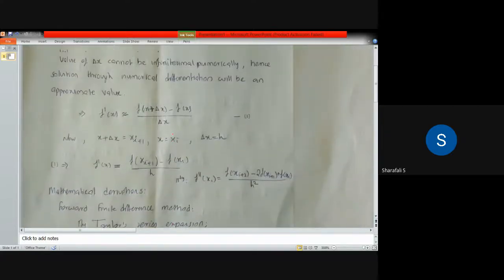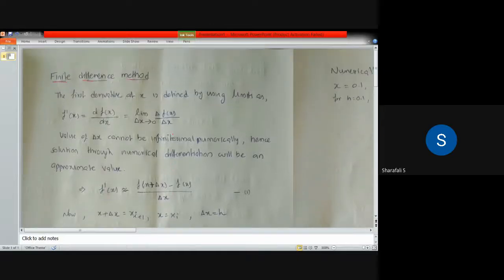So first we consider the first derivative at point x by using this finite difference method, which is defined by using this limit as f dash of x equal to df by dx, which is equal to limit delta x tends to 0 of delta f by delta x.